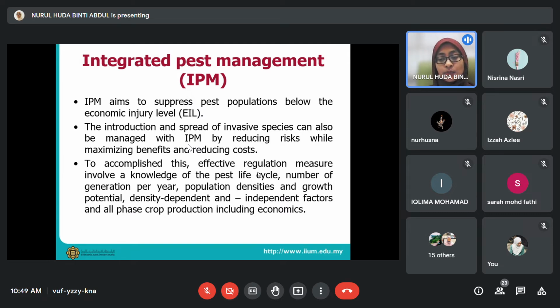So that's why our plant protection course sebenarnya is to introduce you all with the pests, sama ada pests in term of weed, in term of insects, maybe in term of pathogen kan. So about their life cycle, generation, population density, so that you can understand and then come up with the best measure how to control this kind of pests lah.